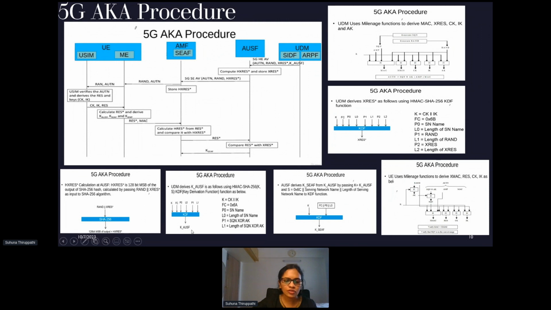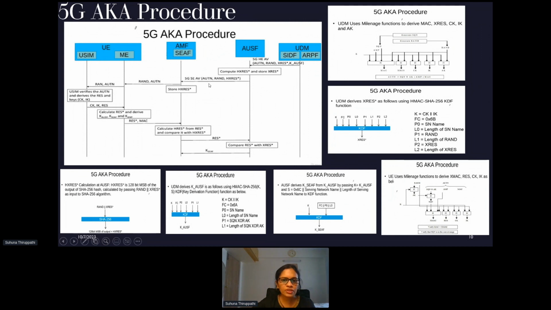These are sent as input to the key derivation function, and KAUSF is calculated. So now we know how all the parameters are obtained. AUSF takes those, computes HXRES and stores XRES within itself, and sends the authentication random number and HXRES to the AMF.